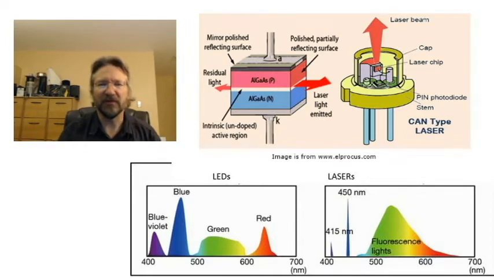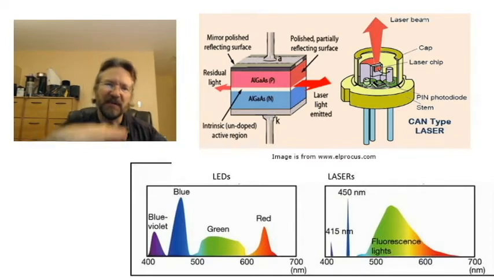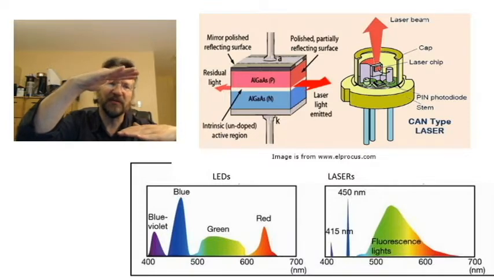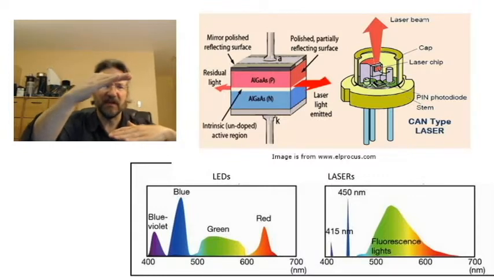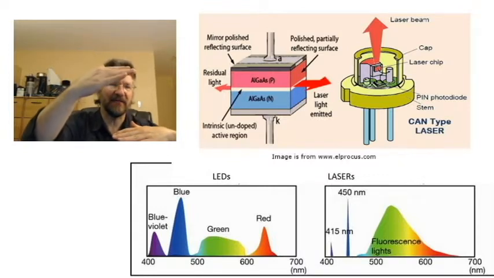The example you see on the right is basically this sandwich of aluminum gallium arsenide, and one layer is doped p-type, which is a lack of electrons, and the other one is n-type, that's why it's called N, that has an excess of electrons.